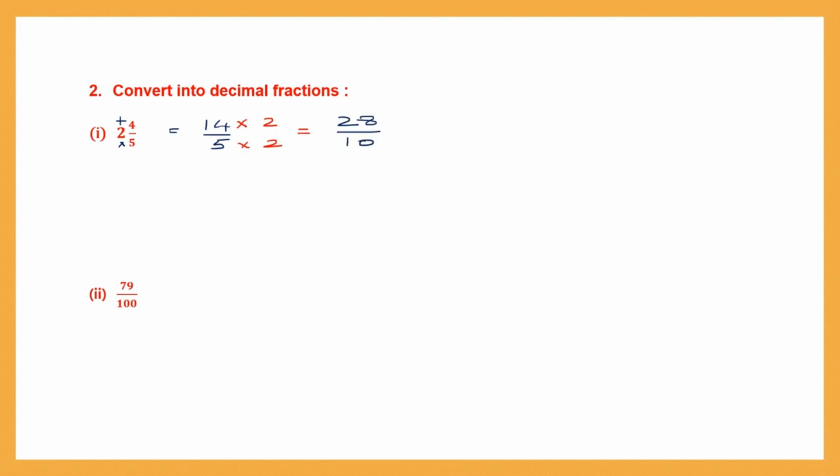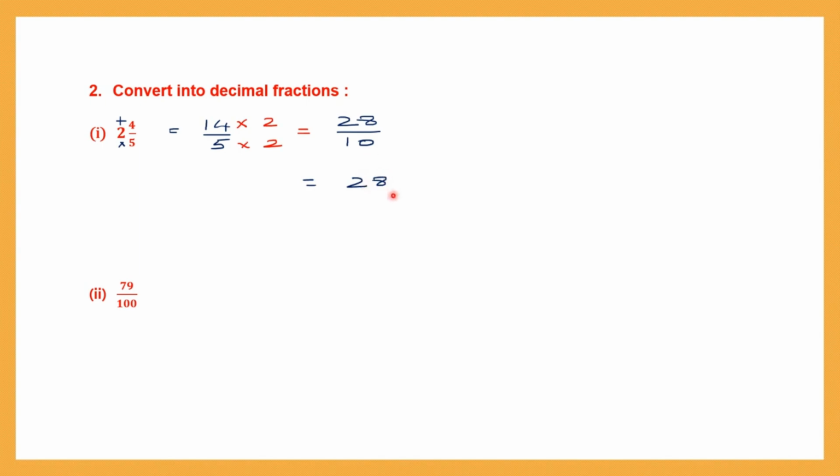Now whenever your denominator is 10 or a higher power of 10, that means 10, 100, 1000, 10,000, etc., then it's very easy to get your decimal fraction. So now what we are going to do is, we are going to write only 28, okay? Only 28 as a whole number. Now look at your denominator and see how many zeros there are. There is only one zero, isn't it? That means we have to move from the right one place to the left.